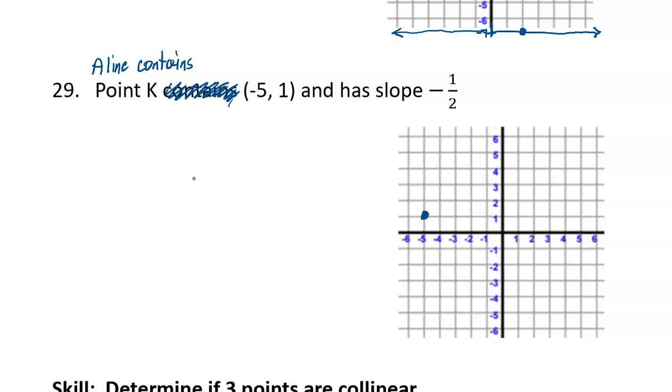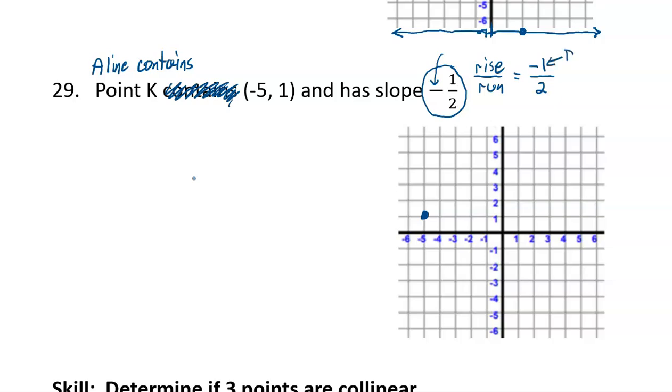Now, what does it mean to have a slope of -1/2 if slope is rise compared to run? The fact that the slope is negative tells us it's going downhill. So even though we use the word rise, for this particular problem, we're actually thinking of the rise as being a negative change, -1, and the run is 2 units to the right.